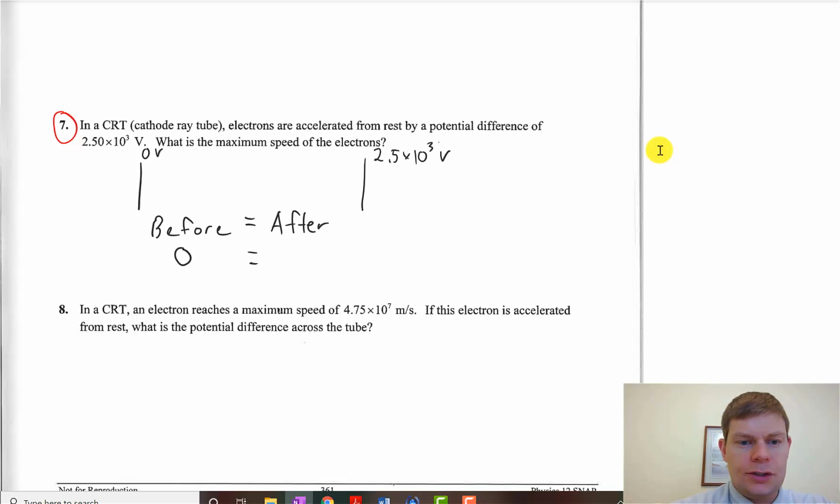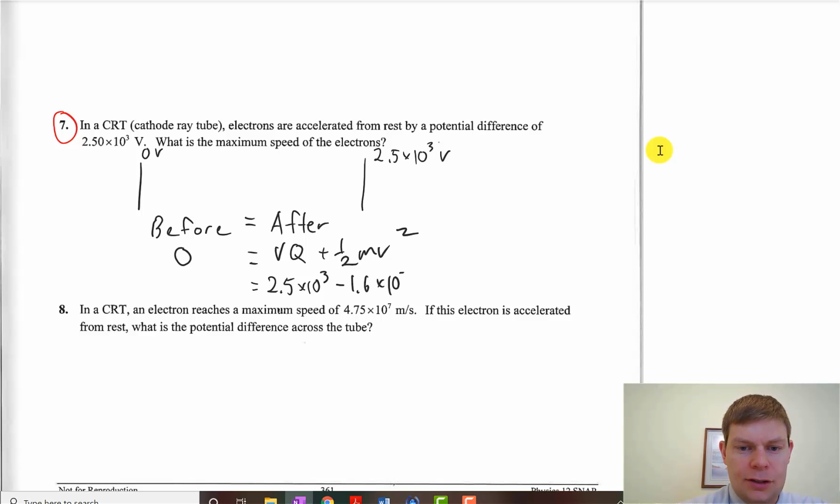And afterwards, it's got a pile of negative potential energy. So it would be VQ again, plus 1/2 mv squared. So your voltage is 2.5 times 10 to the 3, and your charge is negative 1.6 times 10 to the negative 19.